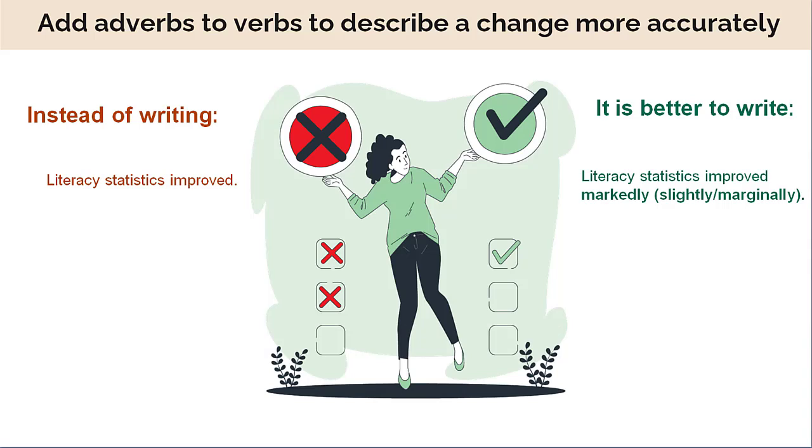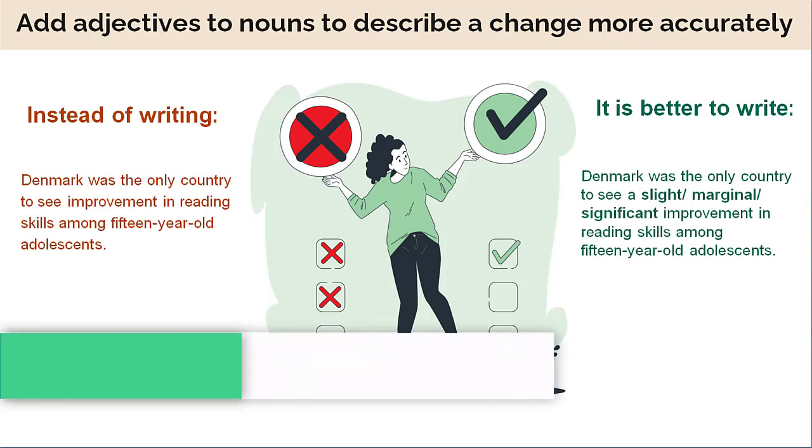In this way, you will show the examiner that you have a much wider range of vocabulary. For instance, let's take the following sentence. Literacy statistics improved. For a higher score and more accurate description, it's better to specify what kind of improvement was there. For instance, literacy statistics improved markedly, or slightly, or just marginally.